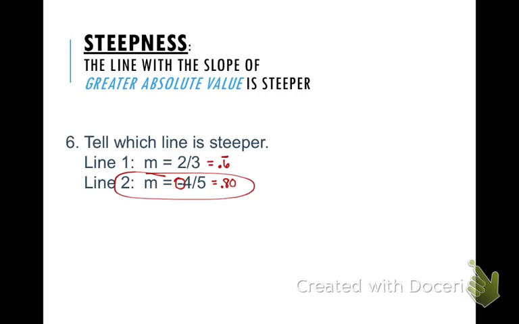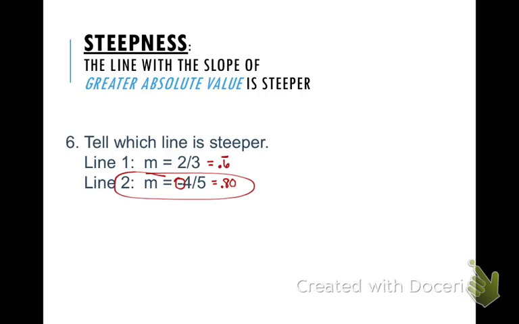The -4/5, right? Again, it does not matter if it's positive or negative, because if it's negative, that means you could be walking down the hill. If it's positive, you're walking up. Line 2 is going to be steeper because the absolute value of -4/5 is bigger than the absolute value of a positive 2/3.